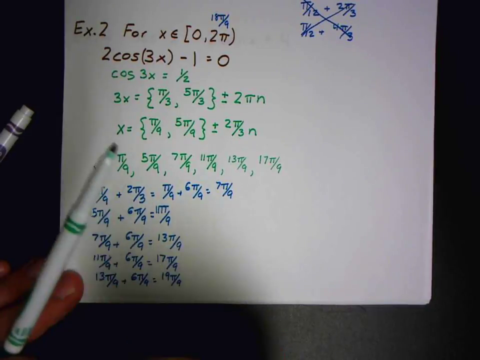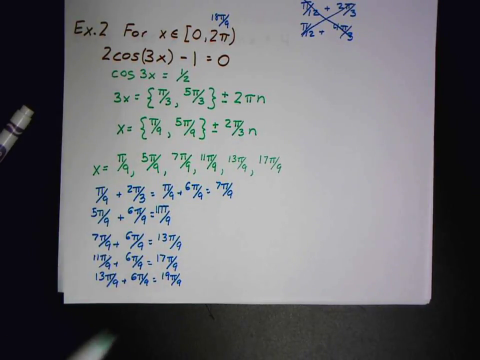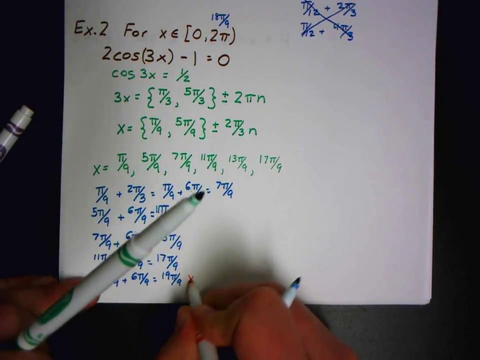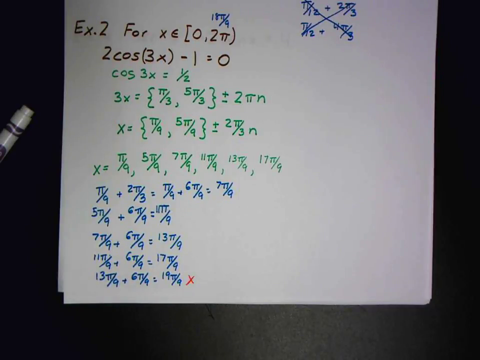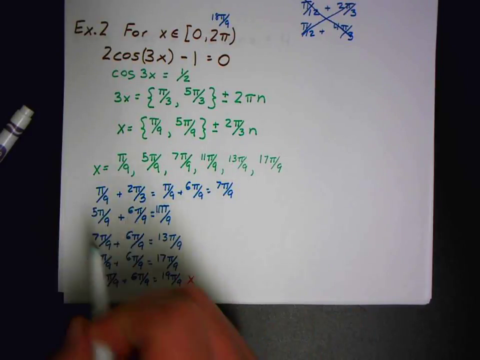So that's no longer a possible answer because now I'm bigger than my 2 pi, so I know I can stop. Because I have to find all my possible solutions between 0 and 2 pi.